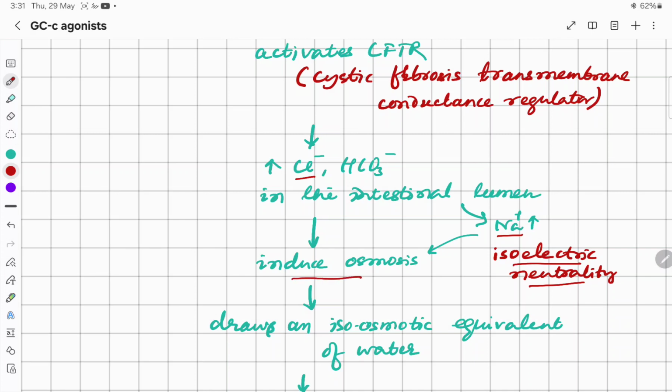As we know, osmosis is the process of flow of solvent from low concentration to high concentration. When the sodium, chloride and all these ions' concentration increases, then as per the law of equilibrium, if we have a semi-permeable membrane in which these ions cannot move, then water will move from the low concentration to the high concentration.